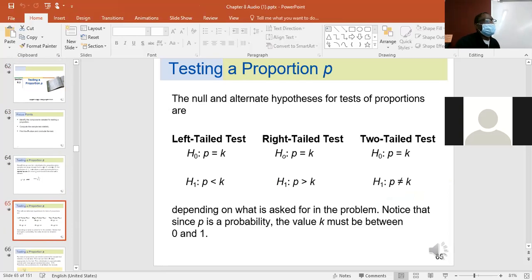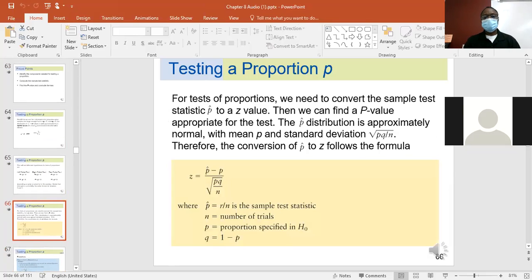We also have 3 types of tests: left tail for less than, right tail for greater than, and two tail for different from. The type of test is determined by H1. The test value for proportion is p hat minus p over the square root of pq over n.